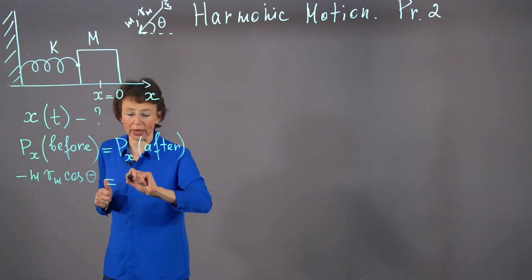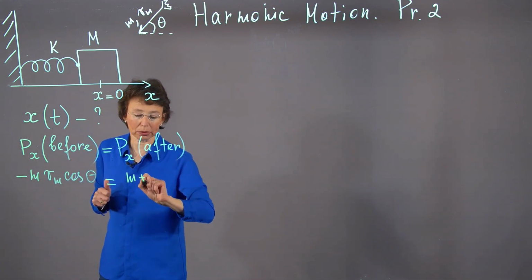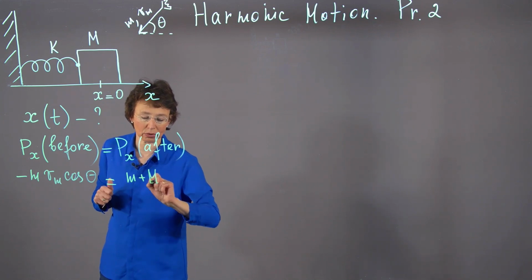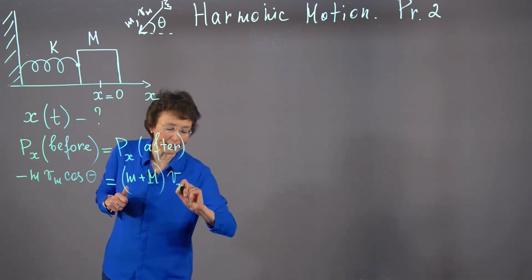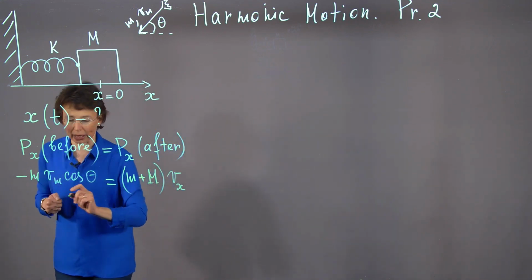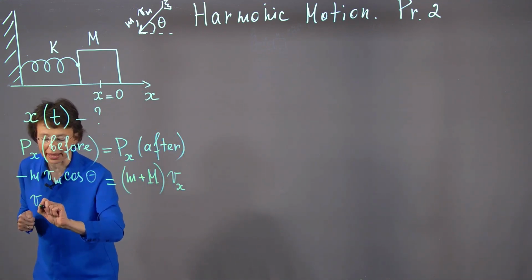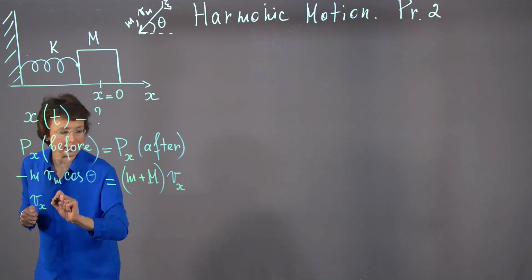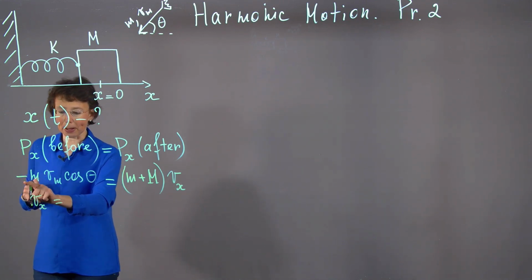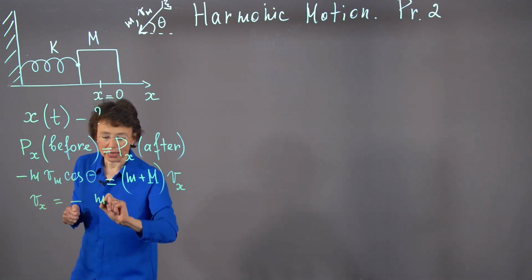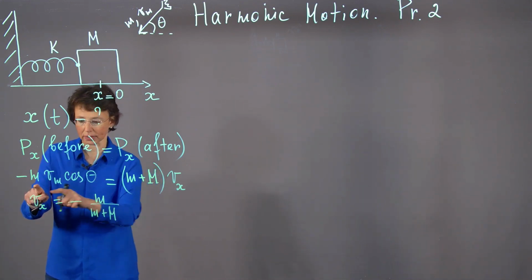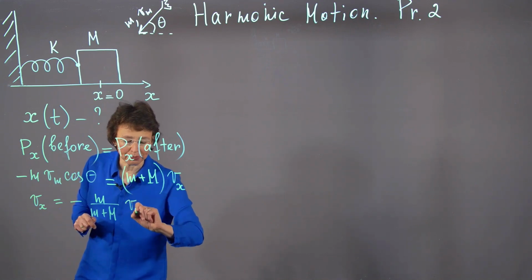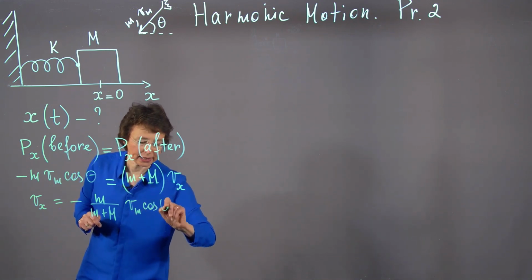After they move together, it will be m plus capital M, the mass of the block, and they will be moving with velocity v_x that we are looking for. What will be v_x? v_x will be equal to minus m divided by m plus M, times v_m cosine theta.